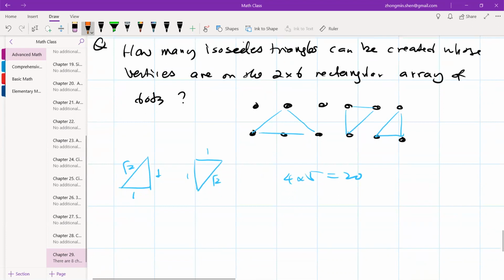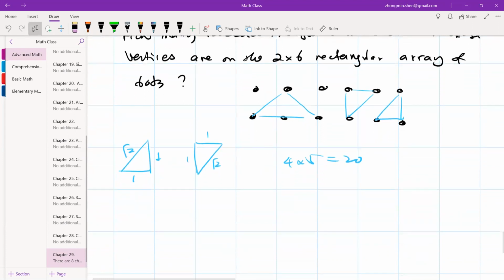The next type will be this. Here's 2. That's a square root 2 and the square root 2. This is also an isosceles triangle. But when you move it, you can also turn it upside down, right? Always don't forget.